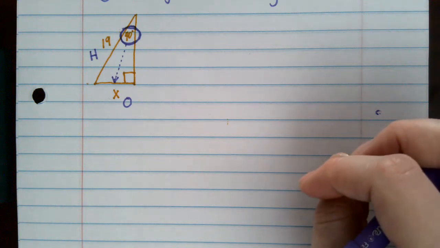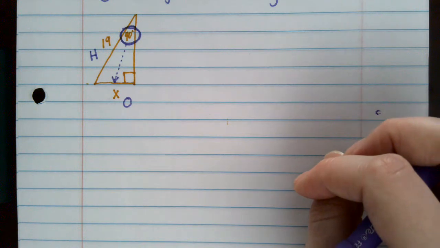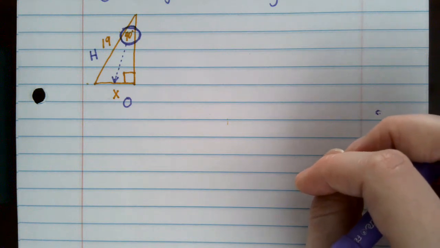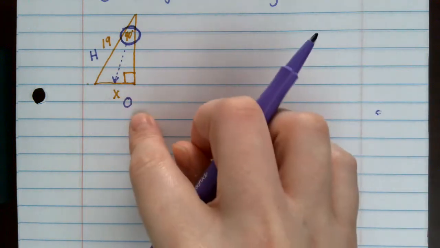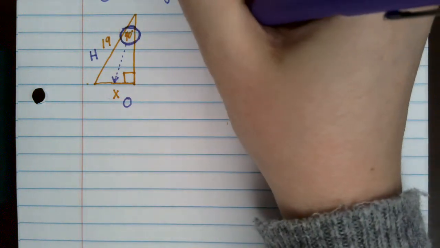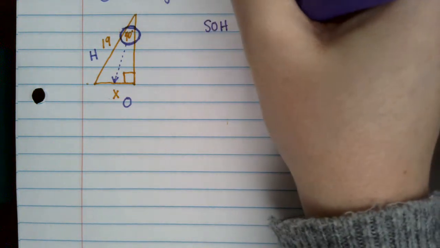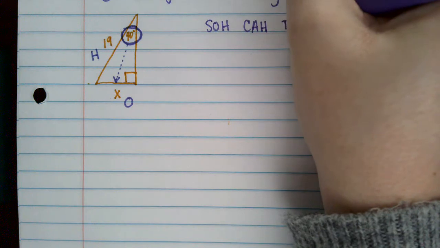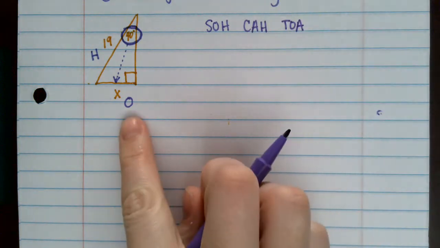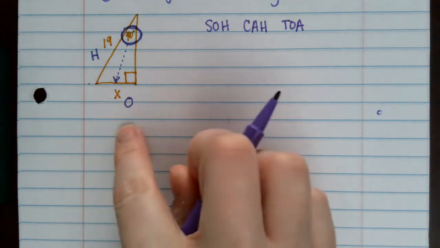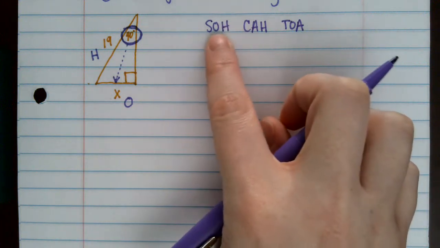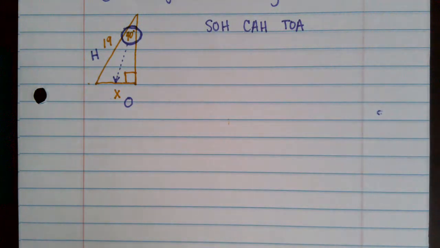My next step is to choose sine, cosine, or tangent based on my given information. So remember, we want to use SOH CAH TOA to make our choice. And because this has O and H, we want to use the SO part, the sine.